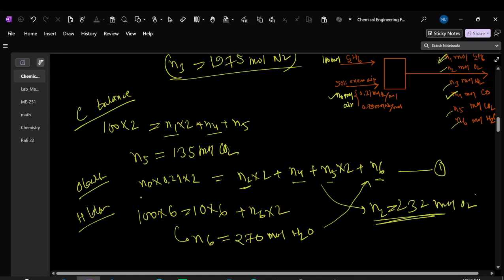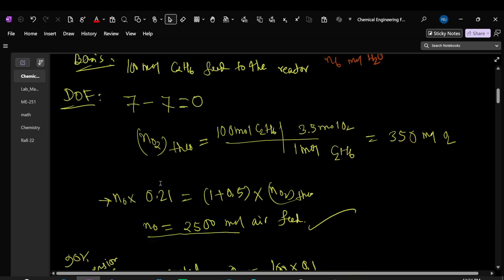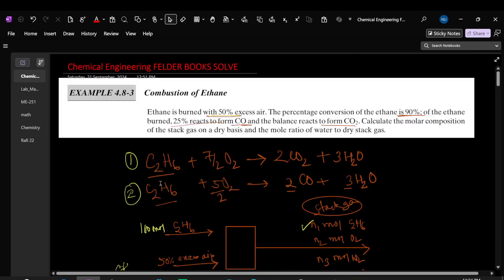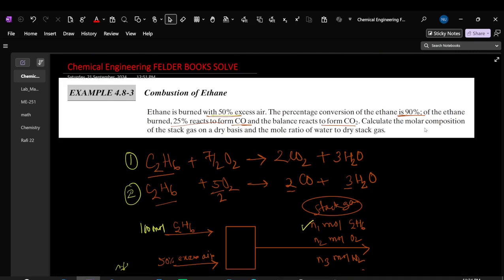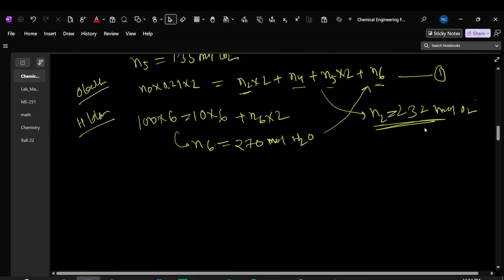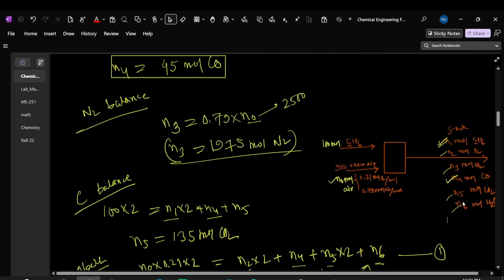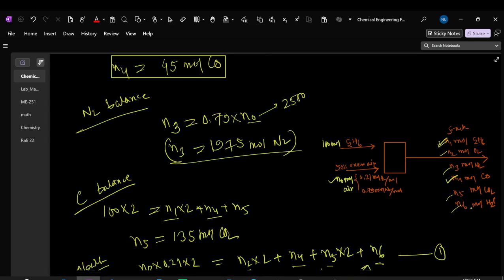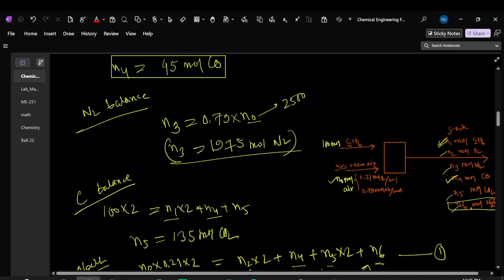N1, N2, N3, N4, N5 and N6 are all found. By this we have found the exhaust gas amounts produced in this ethane combustion. But the question is to calculate the molar composition of exhaust gas on a dry basis. So to omit the H2O, or water, we have to neglect the H2O for the dry basis calculation.